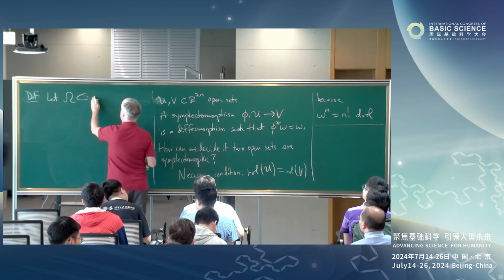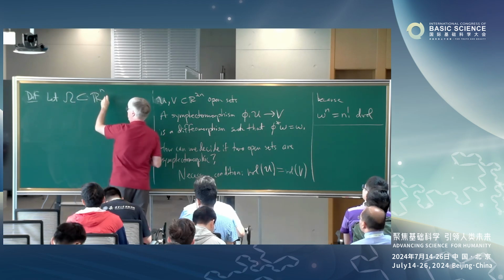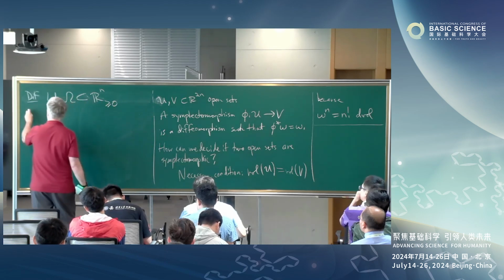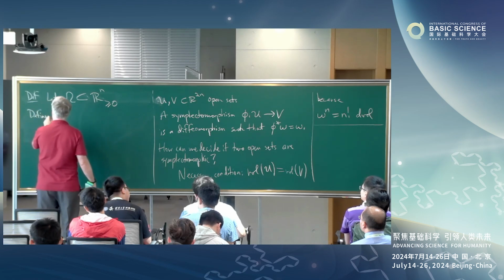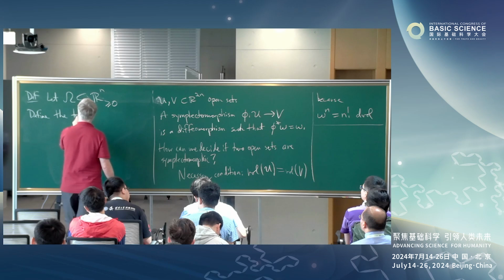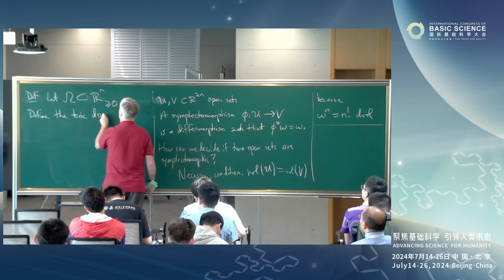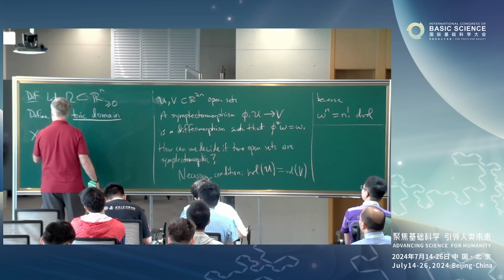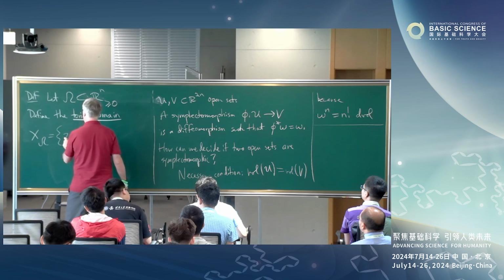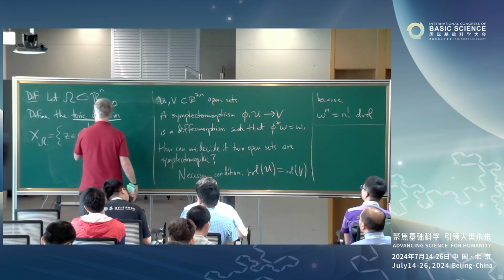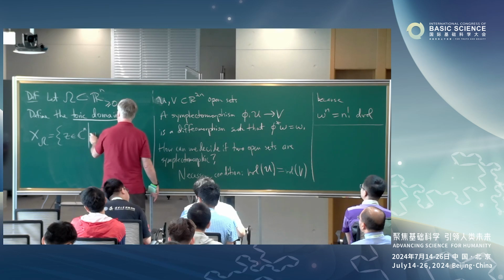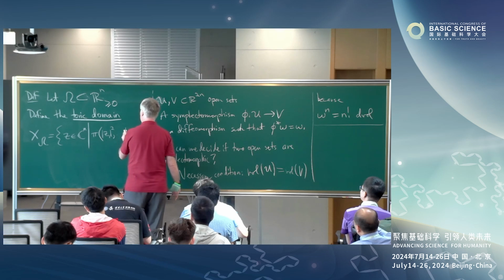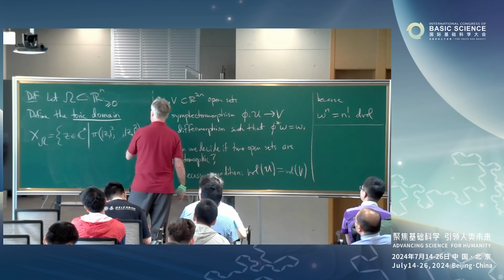So let omega be a subset of Rn, not R2n, but Rn, where all the coordinates are greater than or equal to 0. And I define the toric domain X omega to be z in Cn such that pi times absolute value of z1 squared through pi times absolute value of zn squared is in omega.